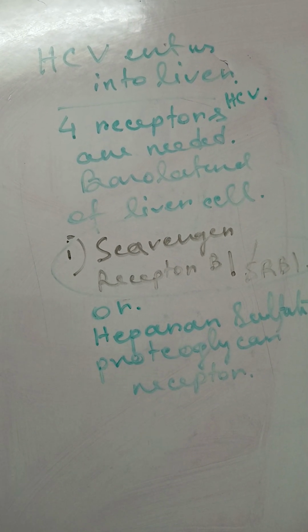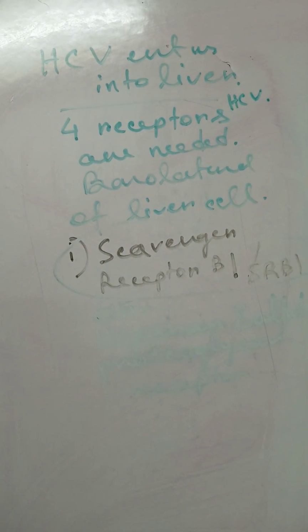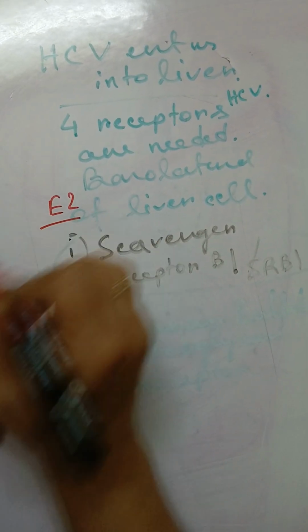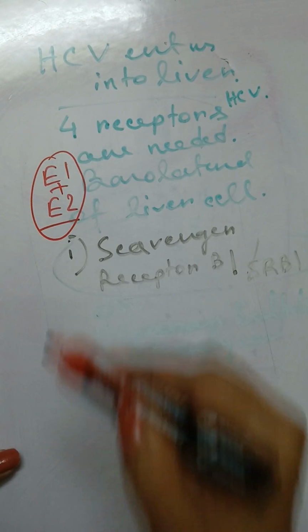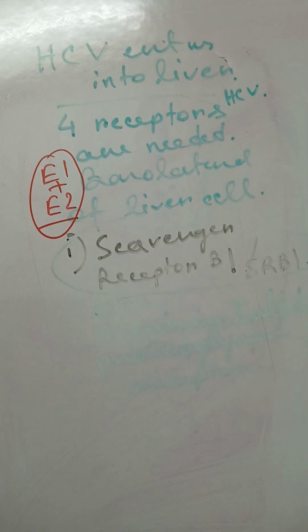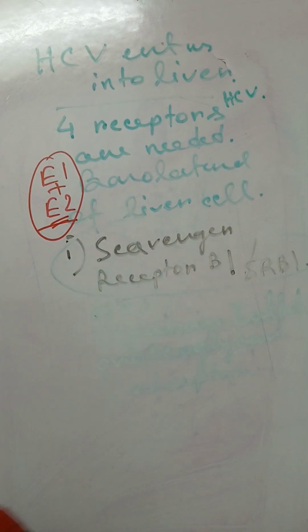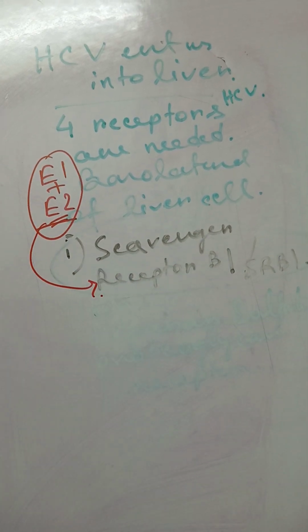This SRB1 binds with the HCV E2 glycoprotein. Remember, I have already told you E1 and E2 form a heterodimer present on the virus envelope. And this E2 acts as a ligand and binds with this SRB1.